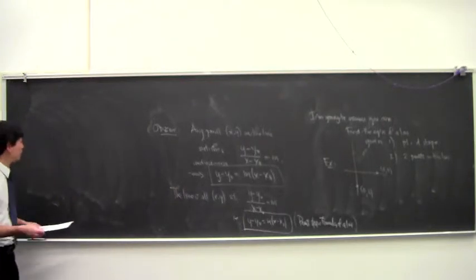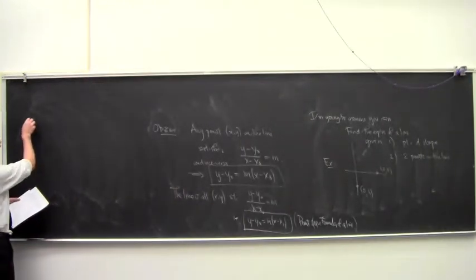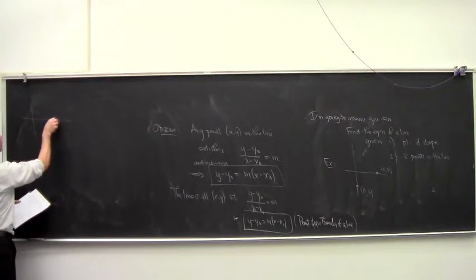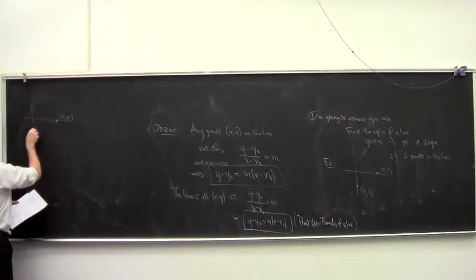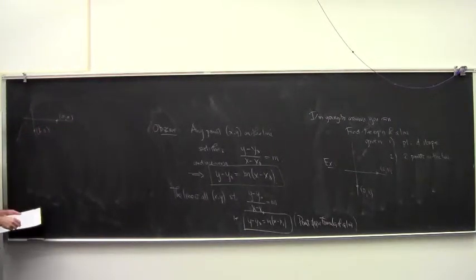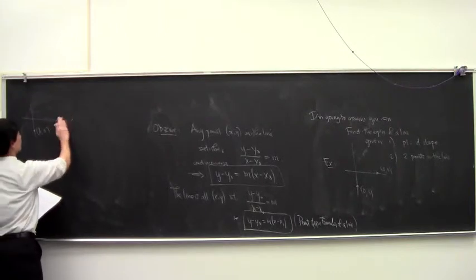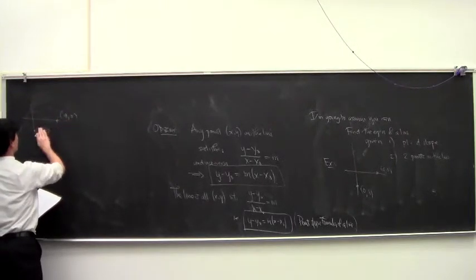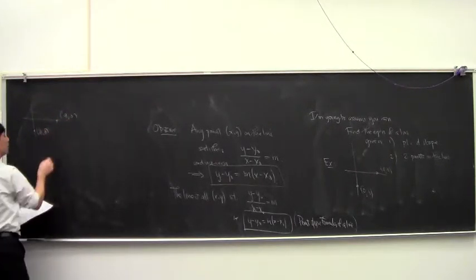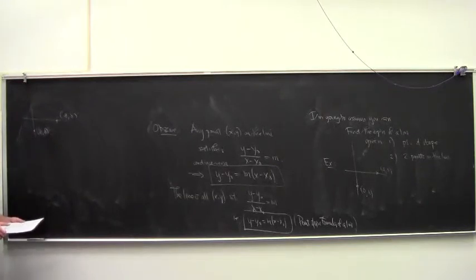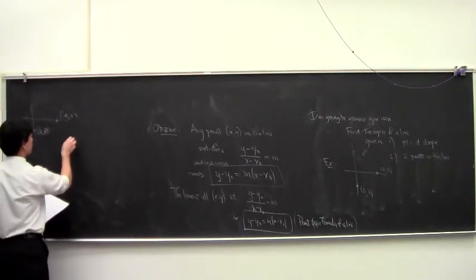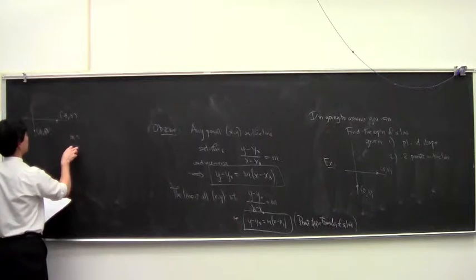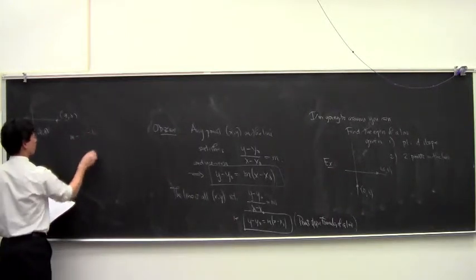Okay, who would like to tell me how to do it? The points are (a, 0) and (0, b). How do you do it? Sabrina? You can find the slope using 0 minus b over a minus 0.